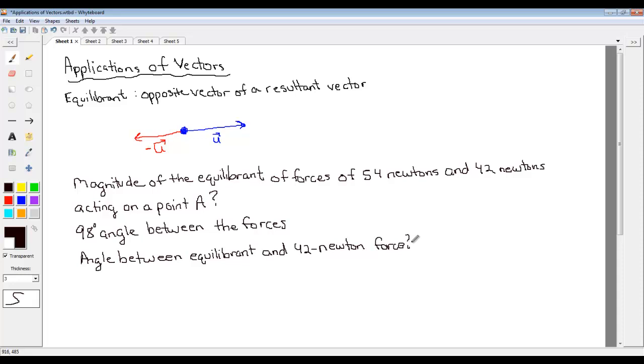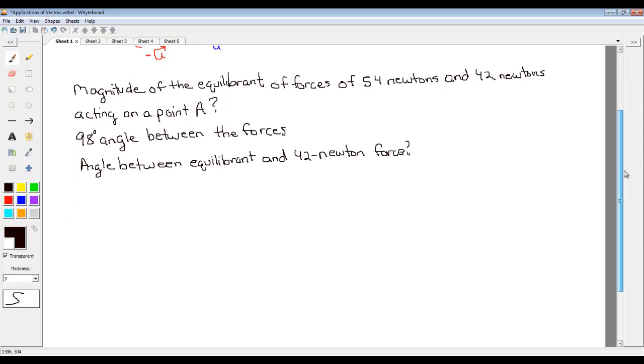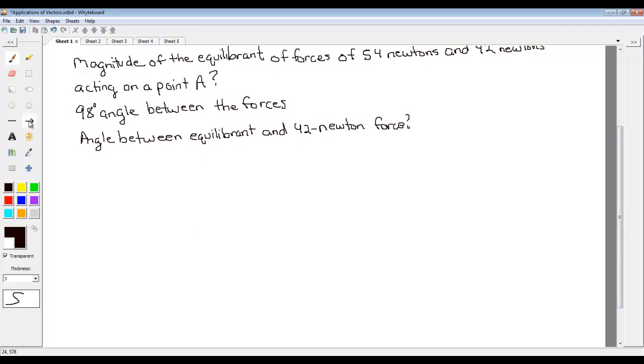Alright, now to get this set up, I find it good to draw a picture, just to see what's going on here. Okay, so we have two forces. We've got one that's 42 newtons and one that's 54 newtons. Okay, so that's going to be my two forces.